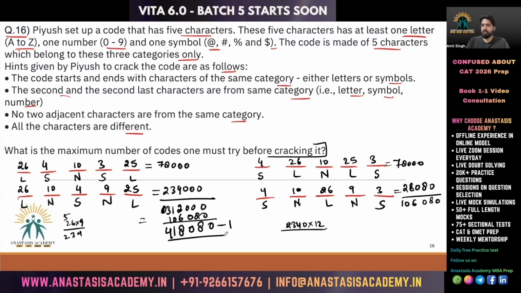If I subtract the one way in which the lock finally opens, the maximum number of tries could be 418,079. So the correct answer to this question would be 418079.